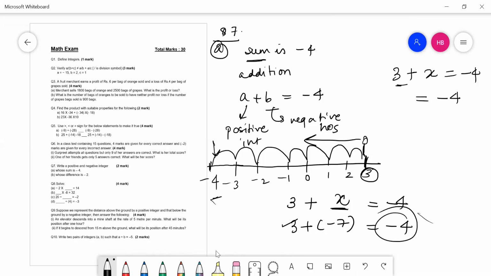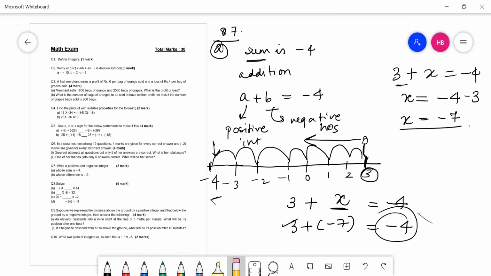I will take 3 to the other side, so it becomes -3, so it will be -7. If you don't know this procedure, you can think on the number line, or you can think normally: what should I add to 3 so that I get -4 as the answer? That's how you have to do this.